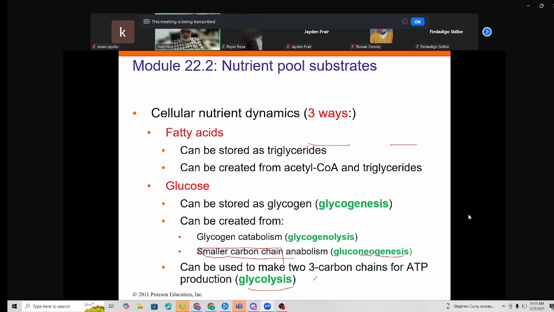Now we have this 3-carbon chain compound, which is ultimately the one that enters the citric acid cycle. This is also made from the gluconeogenesis. So now you have 4 terminologies very similar to each other: glycogenesis, glycogenolysis, gluconeogenesis, and glycolysis. Okay. So you have to know the differences between these processes.